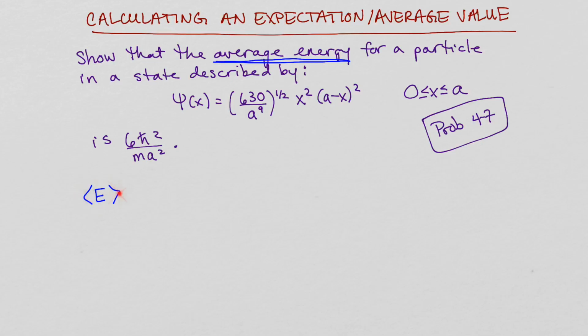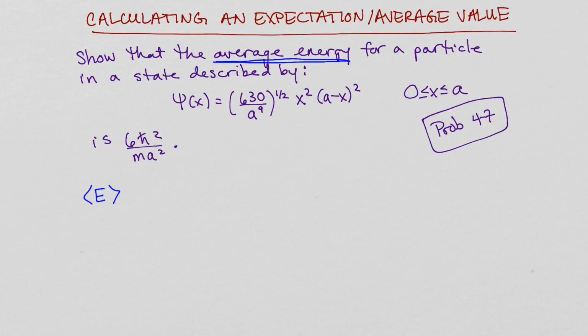Whenever you see this notation, that just means we're calculating an average, also known as an expectation value. So what average do we anticipate for this particular wave function?